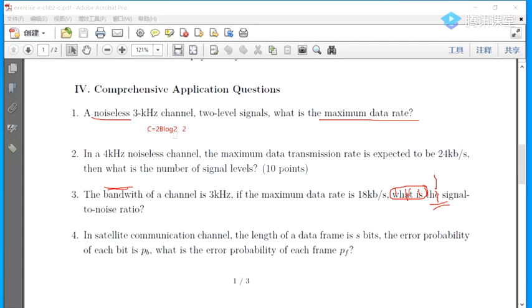The first 2 is the base, so the value of log is 1. So 2B is 6 kilo. So the maximum data rate is 6 kilo bits per second.